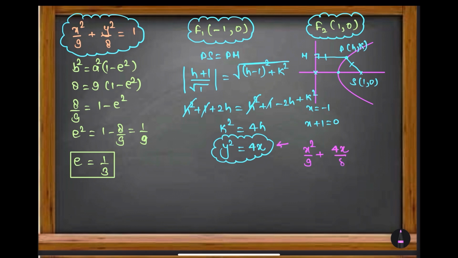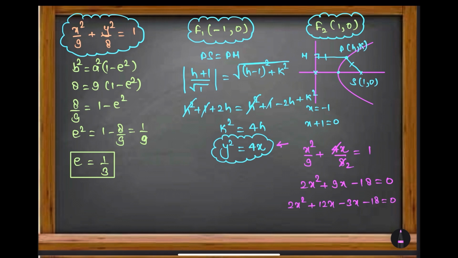So 4x by 8 equals 1, and this thing will become 2. Correct? So we will have 2x square plus 9x minus 18 equals 0. Okay, so 18 into 2 is 36, so 12 and 3. So 2x square plus 12x minus 3x minus 18.